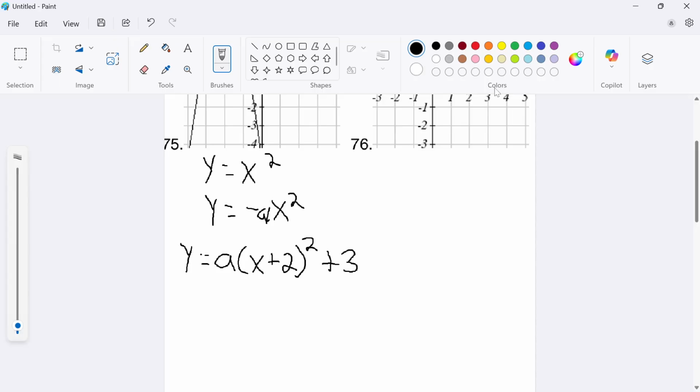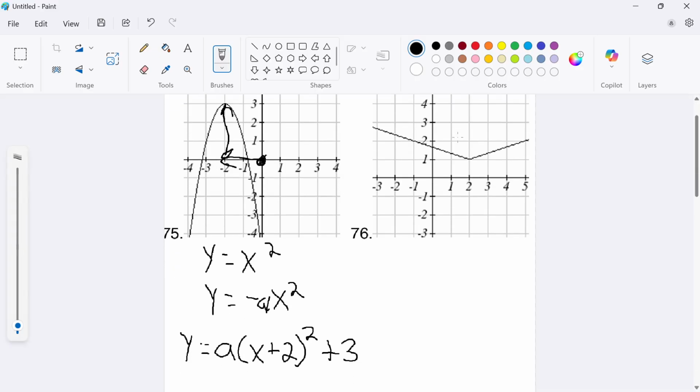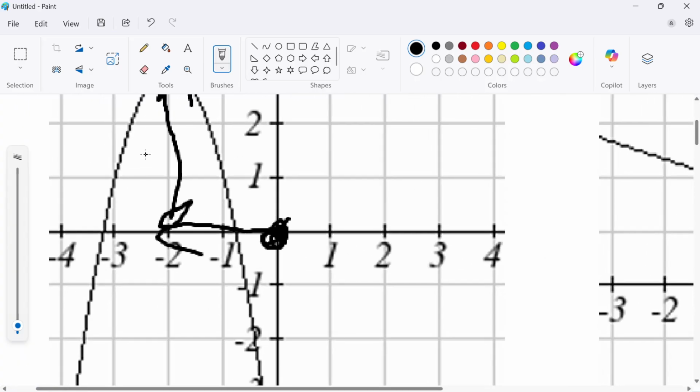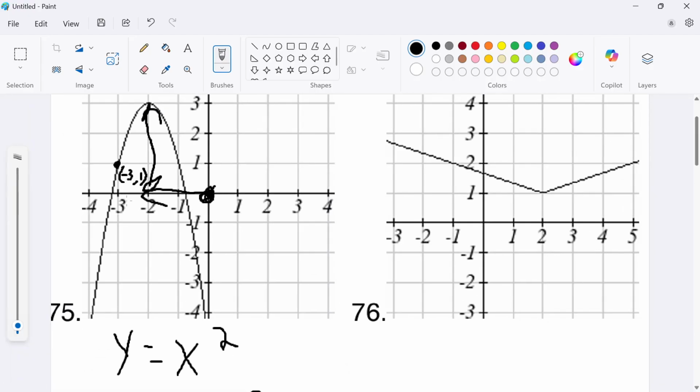Now I can look for a nice solid point to find out what that a is. I'm going to try to use points that are exact integers. And here's a nice one right here. It looks like negative 3, 1. That's a nice even point, so I don't have to deal with fractions.